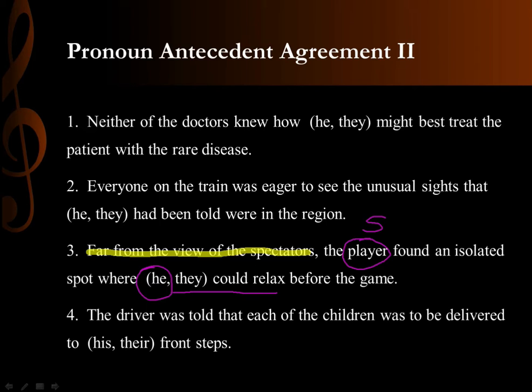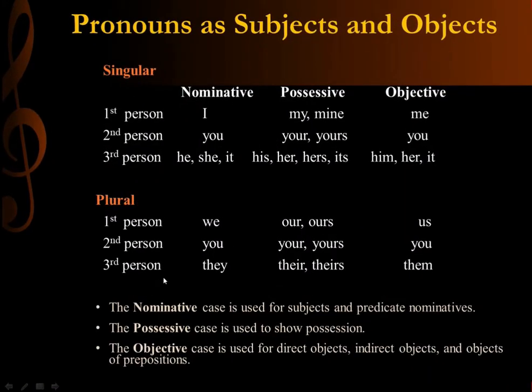There is another aspect that's just as difficult, and that is when we use pronouns as subjects and objects. The first thing that you might want to familiarize yourself with is this chart. We have nominative case pronouns in this column, the possessive case pronouns here, and objective case pronouns here.